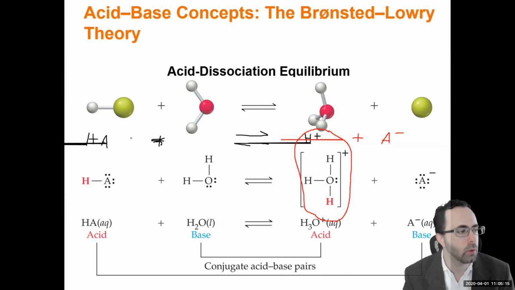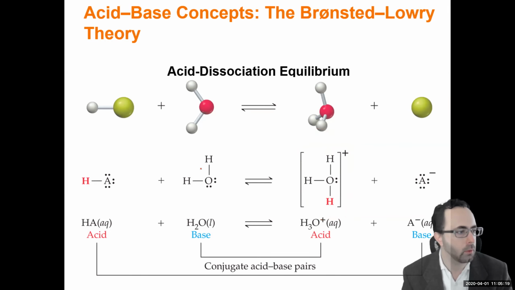So you can write the equation this way, and I'm going to erase my writings here. So you can write it in this way, or you can write it as HA makes H plus aqueous and A minus. Either way is okay, but generally your book is going to do it this way. So that's why that's the way I show.